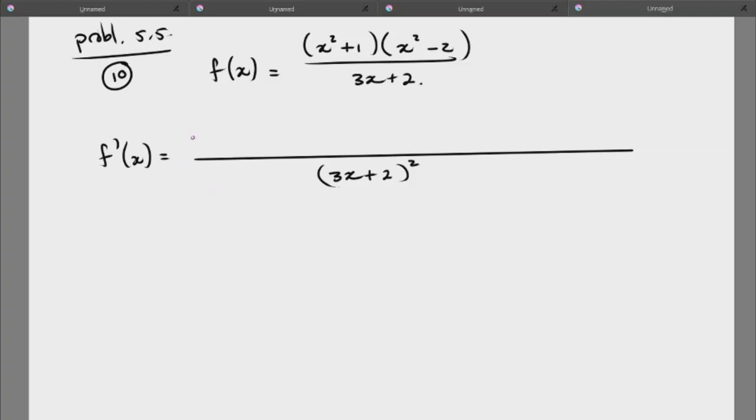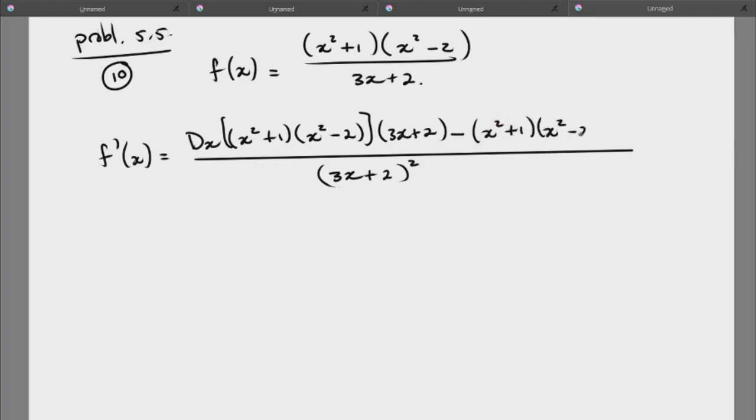Now I have to do the derivative of the top, and I'll do that in a second because I see the top has some more to it, times the bottom minus the top times the derivative of the bottom. Yes, that's not a super hard derivative. I'll do it in a second. That was just the quotient rule. Just the quotient rule.